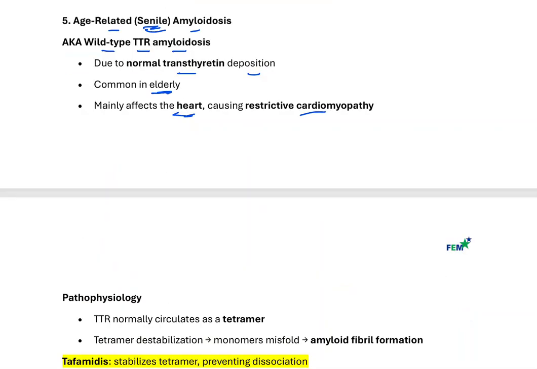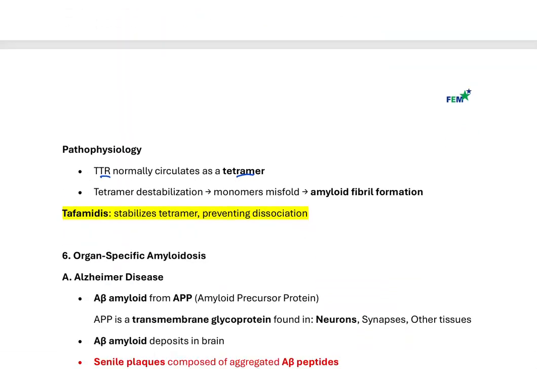And let's look at the pathogenesis of this age-related amyloidosis. So like we said, this is due to transthyretin, which normally circulates as a tetramer, right? And when this tetramer destabilizes, then they form monomers and misfold, and this is what leads to the what? Amyloid.